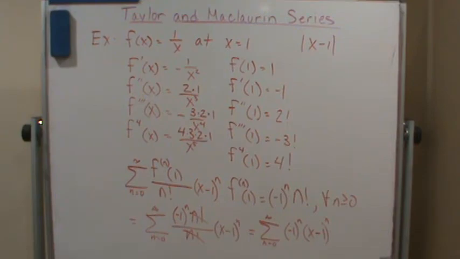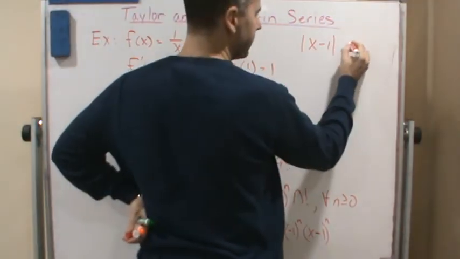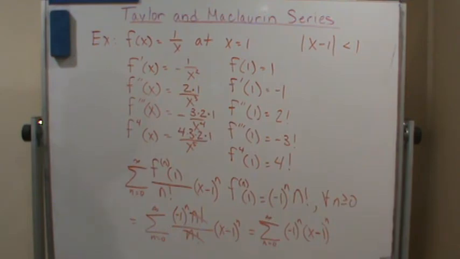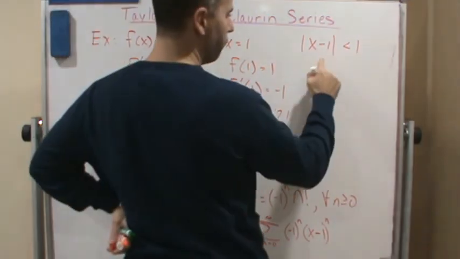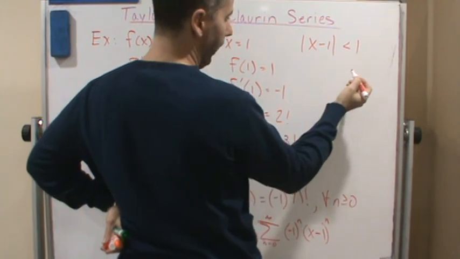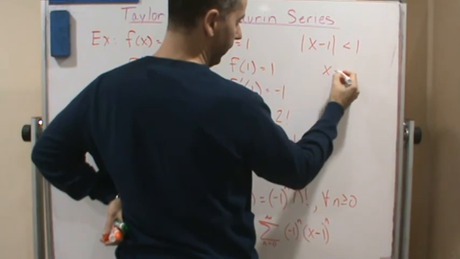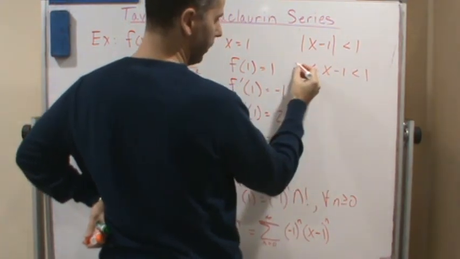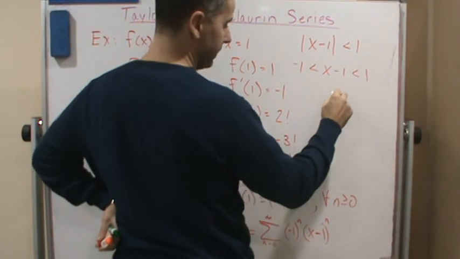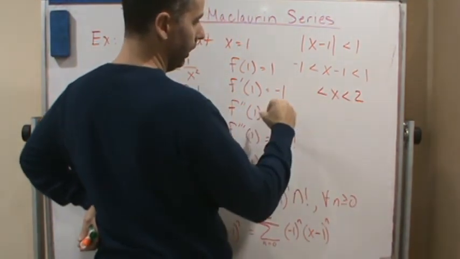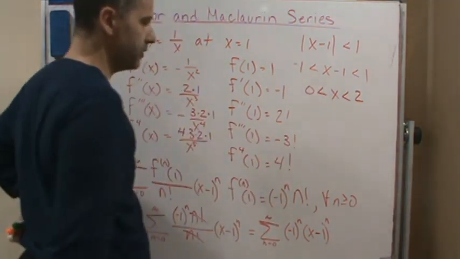And that tells us that the series converges if this absolute value is less than 1, by the ratio test. And so that means this series converges when x minus 1 is less than 1 and greater than negative 1, which means that x is less than 2 and greater than 0.